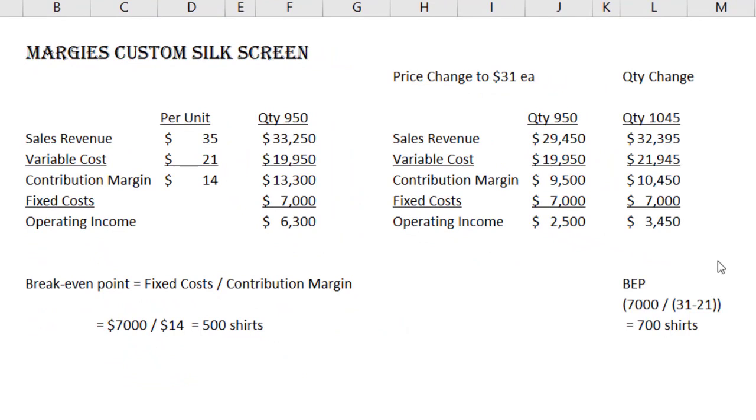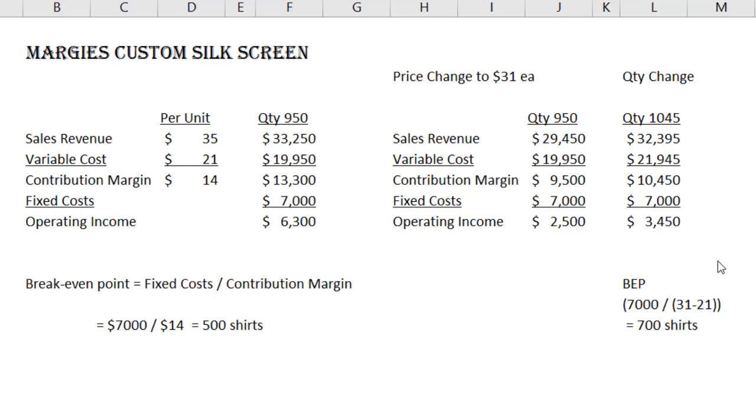So when you add the change of quantity and the price at $31, you get a sales revenue of $32,395, and the variable costs have now increased, not by the amount per unit, but by the amount in total, because now they're selling 1,045 shirts at $21 instead of 950. The profit has rebounded from $2,500 to $3,450, but still not getting back to that original $6,300.